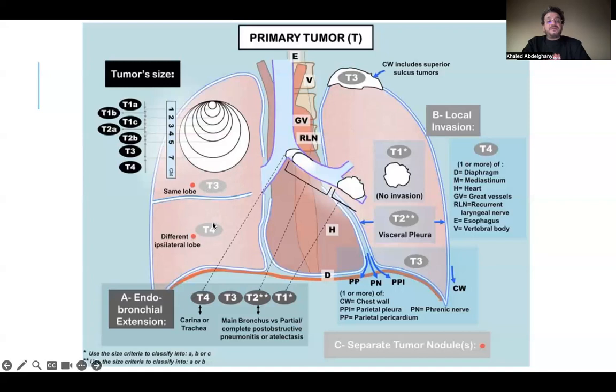Presence of a nodule in a different lobe, for example the tumor in the upper lobe and the nodule in the lower lobe, this is a different lobe, so this will be considered T4. In our case, we don't have the separate tumor nodules option. So in our case, we have T4 staging because of invasion of a great vessel, like the pulmonary artery, and because of the size.